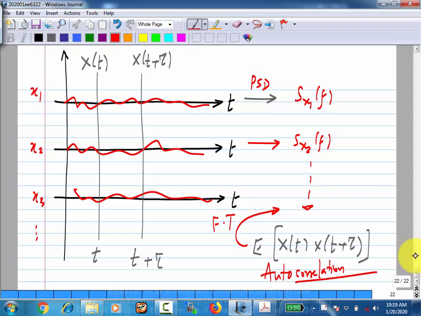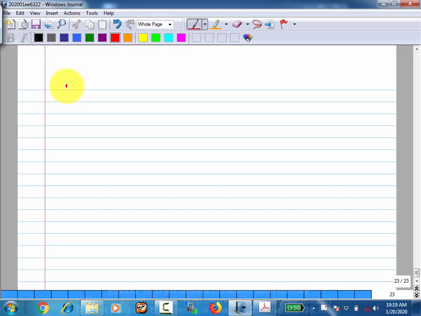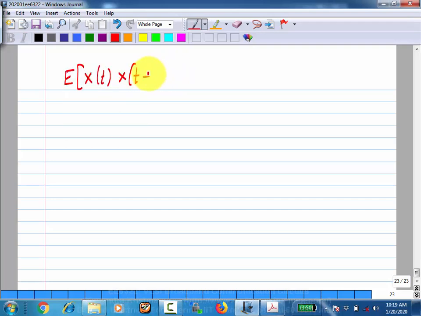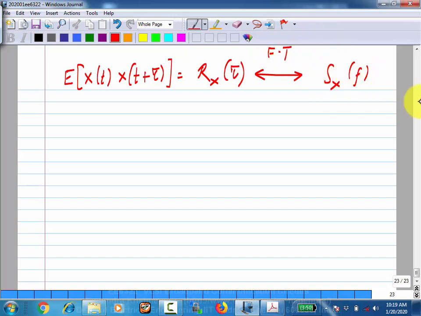Is this fine? So the practical thing that we need to know is the Fourier transform of the expectation of x of t, x of t minus tau or t plus tau. This is Rx of tau. And if you take the Fourier transform, you will get a function of frequency which is Sx of f.